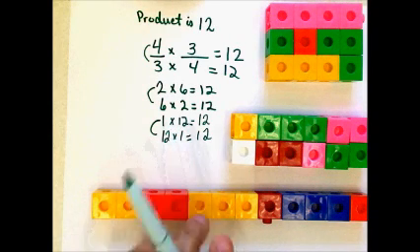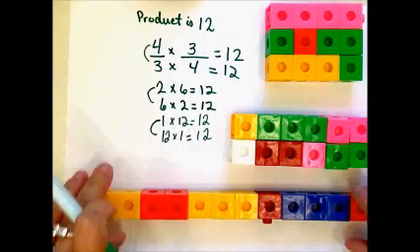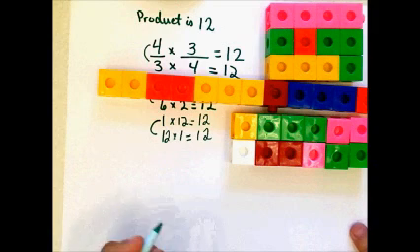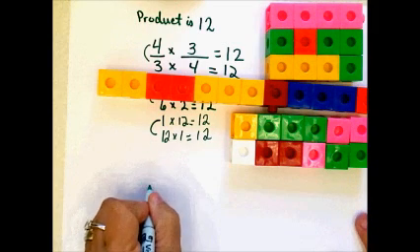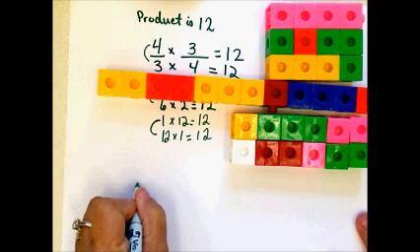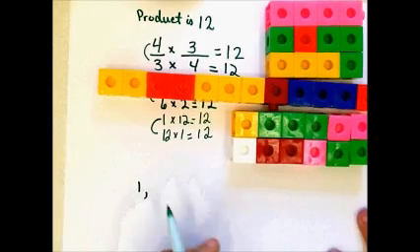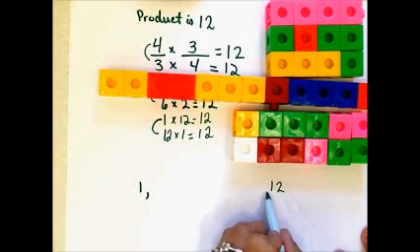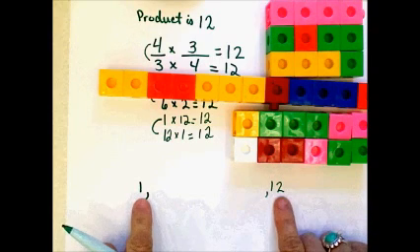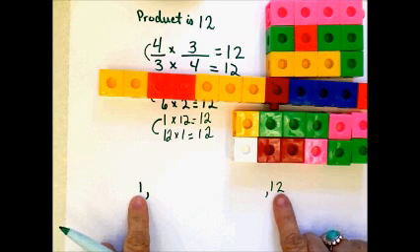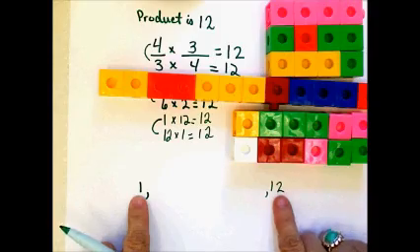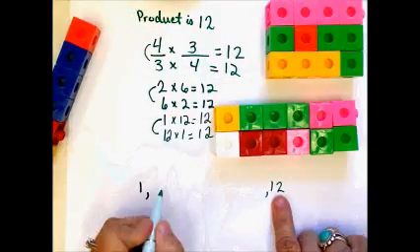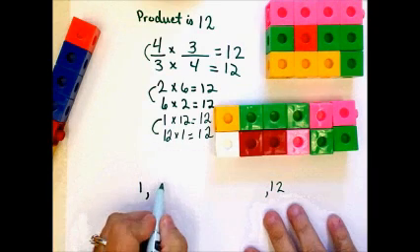So if I were to write the factors of 12, I would start out with 1. And here's how I like to show that. I like to show 1 on one end and 12 on the other, because these are the largest factors that you'll ever have. Okay, 1 and 12. Now, we had 2 and 6. So we're working in, 2 and the next one's 6.